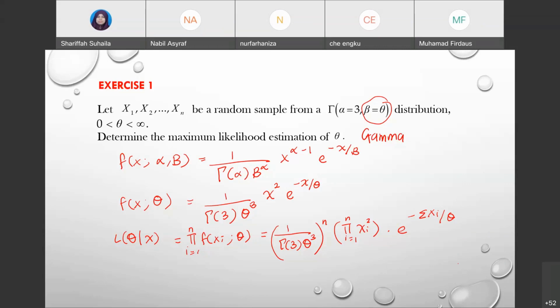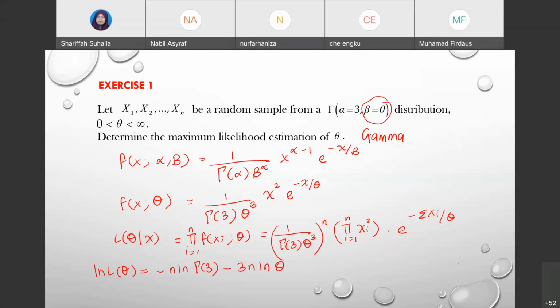Okay, and then take ln. Dapatkan dia punya ln dia. Okay, ambil ln. So ln L theta. Okay. So you have n ln 1 which is 0, so I didn't write that. So you have negative n ln gamma 3. Okay. Then you will have negative 3n ln theta. Okay, saya split 1 over gamma 3 to the power n, 1 over theta cube to the power n.